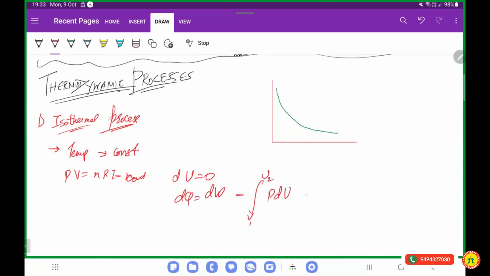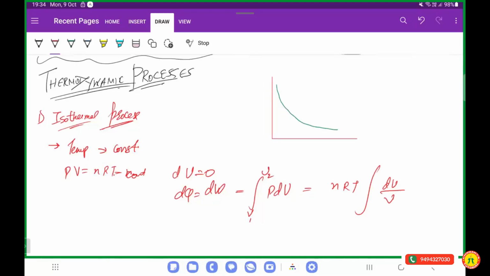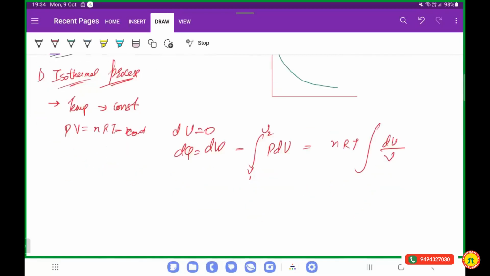So nRT integral of dV by V. So finally we get dQ equals nRT log e V2 by V1.